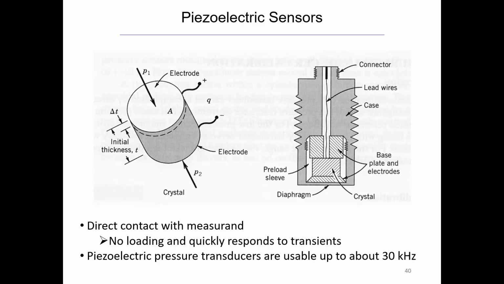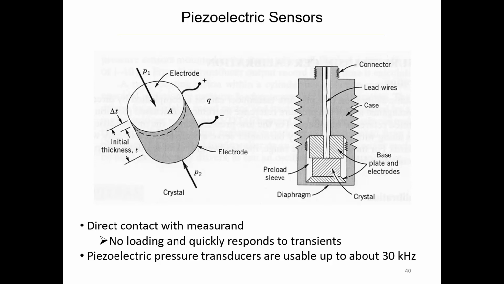Here we have a piezoelectric sensor. This one is a little bit different than the others. It has direct contact with the measurand. Hopefully you remember, we said piezos quite a bit. A pressure on that area is going to result in a force, and that is going to result in a voltage output.